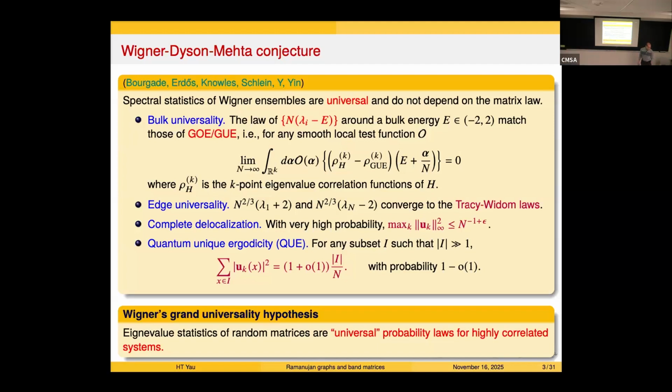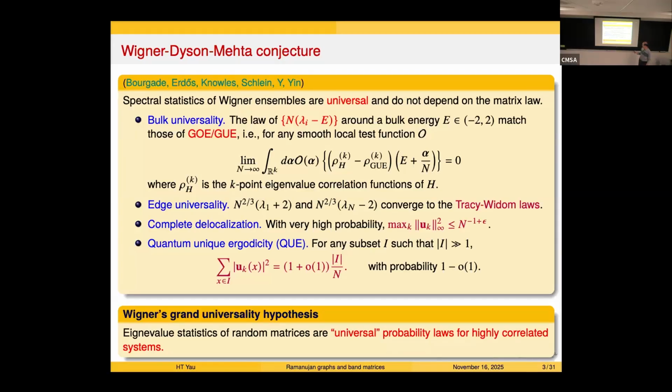Okay, so then people tried to understand Wigner's thesis. Mehta, who wrote a book about random matrices, asked the following question.